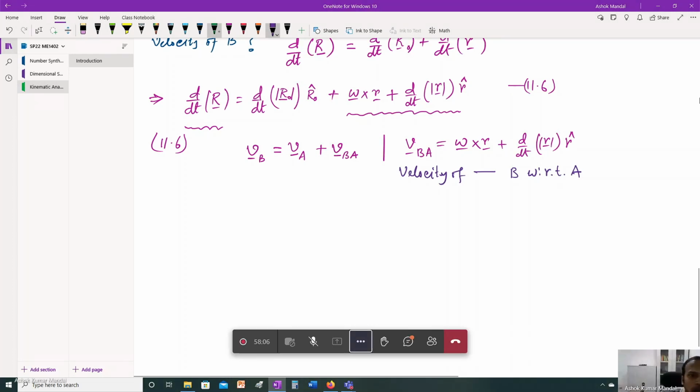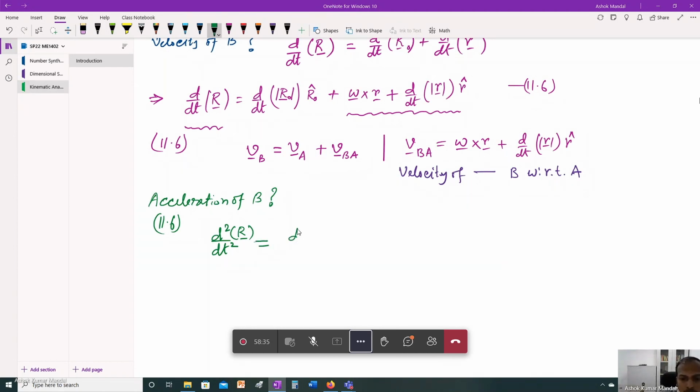Now again, we will start from 11.6 and find out the acceleration of B. To find this, we will start with 11.6 and take the second derivative with respect to time.